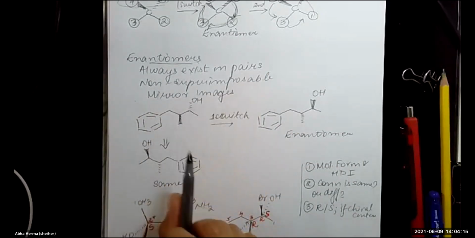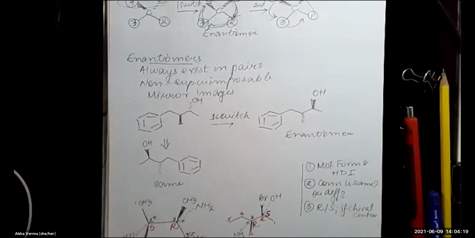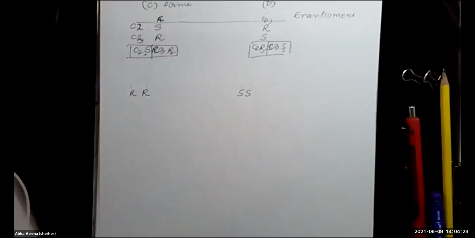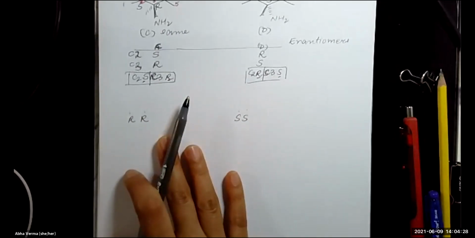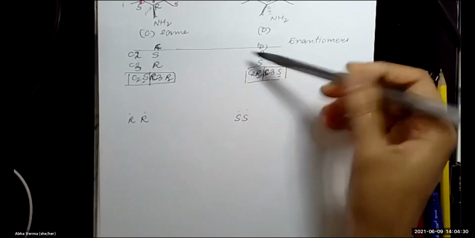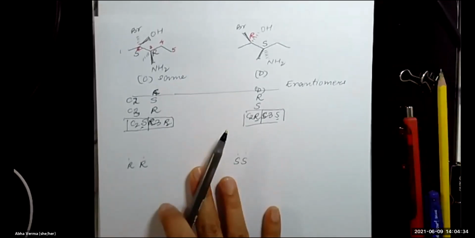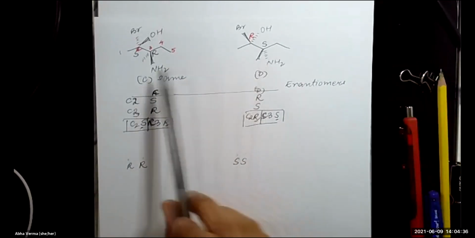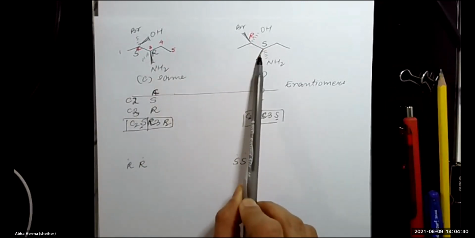What is a pair? How many are there in a pair? 2 structures are there in a pair. If your configuration is SR for one structure and it is exactly opposite, that is RS, for the other structure, you know that these 2 structures will be enantiomeric to each other.